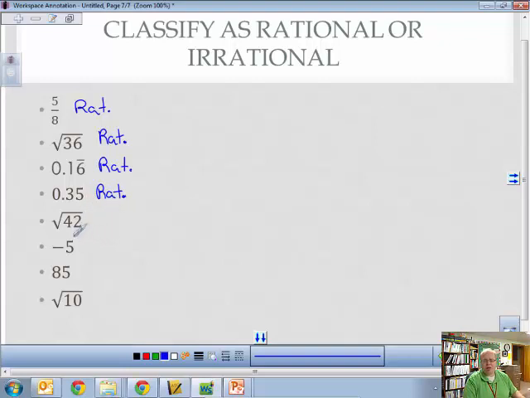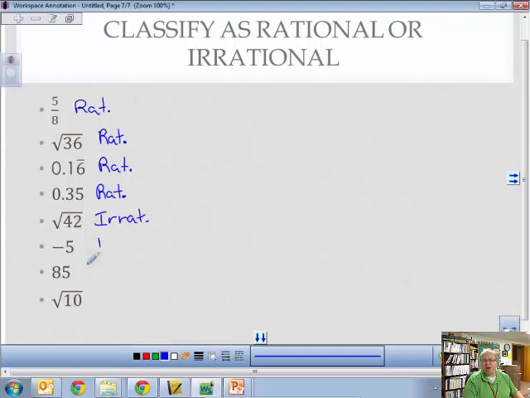Now, square root of 42. Is that a perfect square? Look at your sheet. If it's not a perfect square, which it's not, then it's going to be irrational. It's not rational. It does not make sense. -5. -5 is an integer.